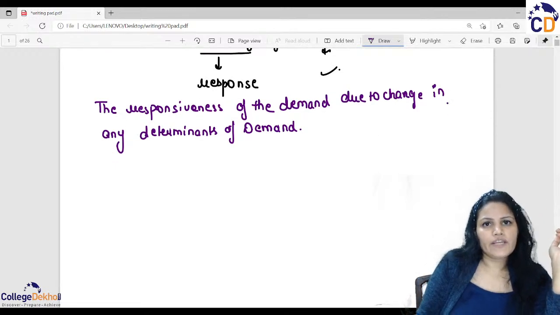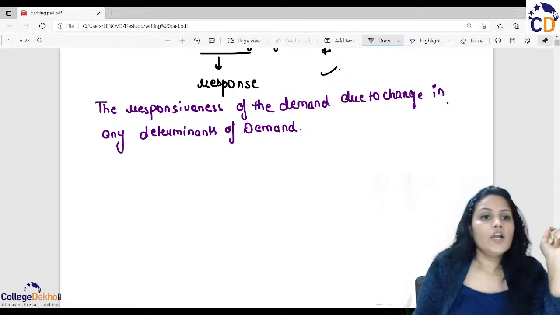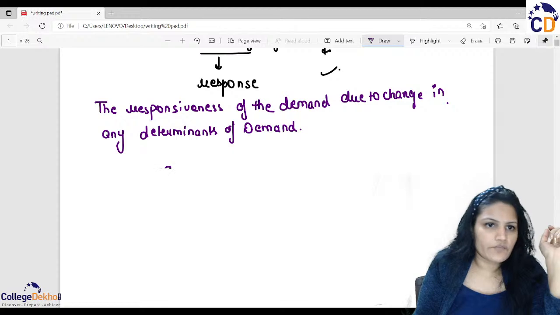So when we use a denoted word, we say elasticity of demand will be ED.